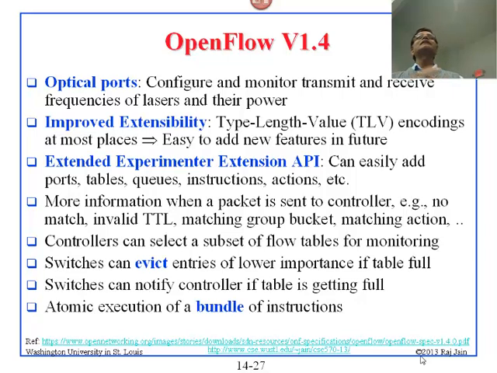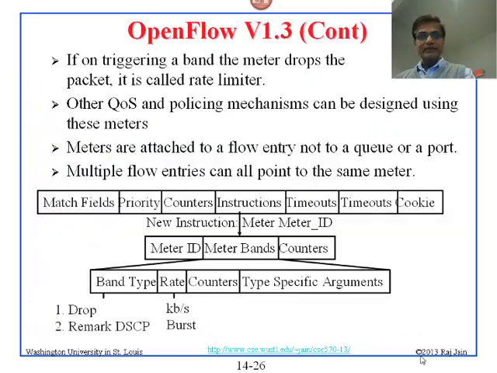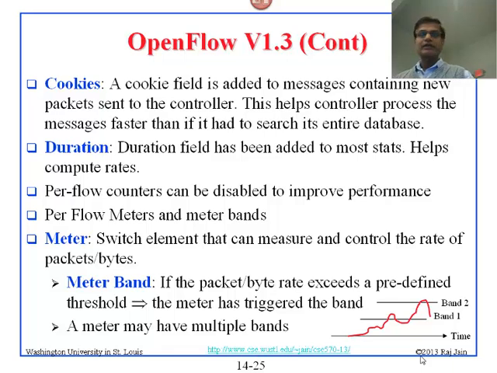So similarly, they have a cookie here where when you send a message, it doesn't have to go figuring out the whole thing about that message, that packet, or whatever it is. There is a cookie which tells it what this message is about. A cookie field is added to messages containing new packets sent to the controller.